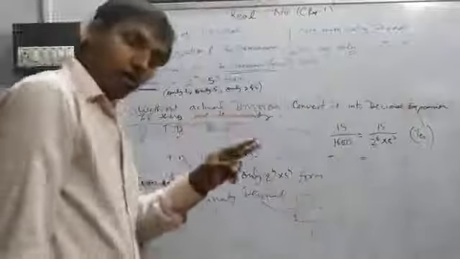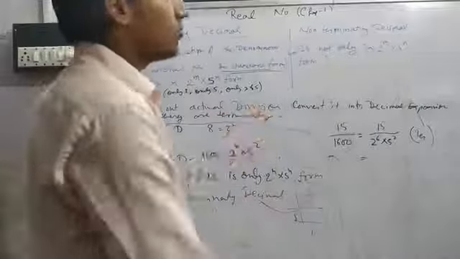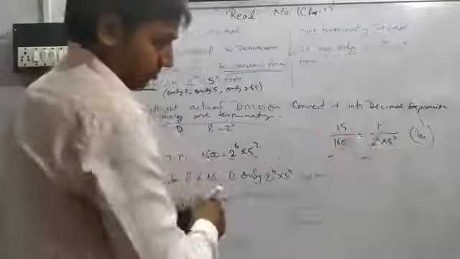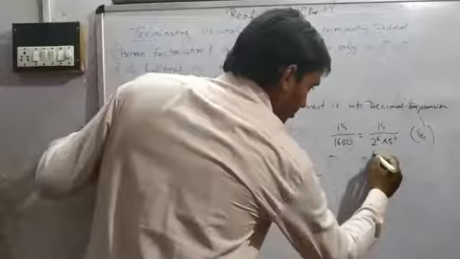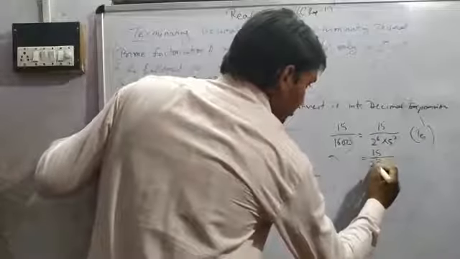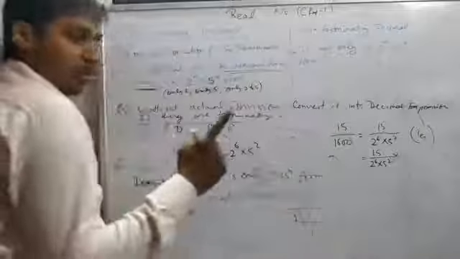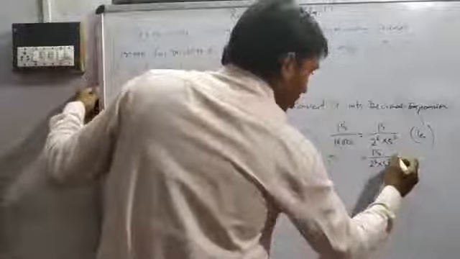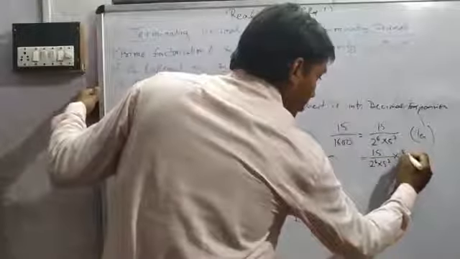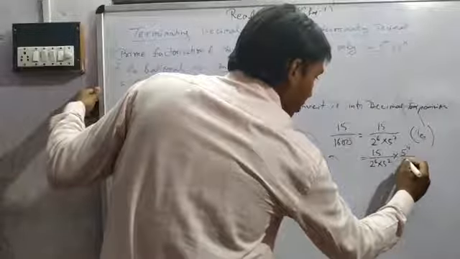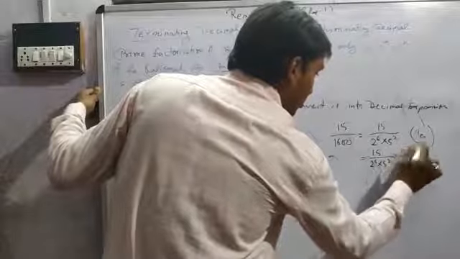So both are not equal. So firstly we make both 2 and 5 equal. How? 5 is 4 less than 2, so we multiply by 5 to the power 4 upon 5 to the power 4.